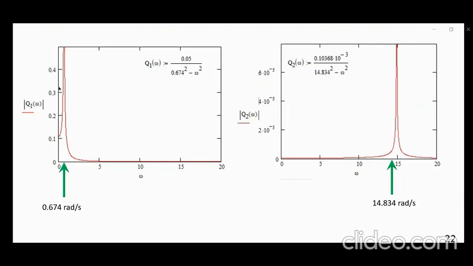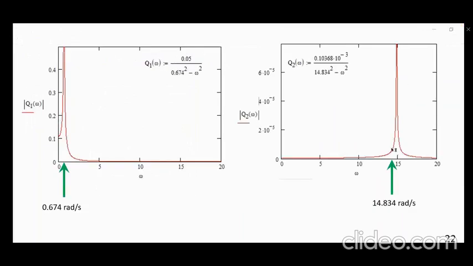That's why it shoots to infinity at the natural frequency for mode 1. And the same thing happened for mode 2. That's why we have the amplitude of mode 2 at the second natural frequency, which is 14 point something. This is pointing to that peak, okay?